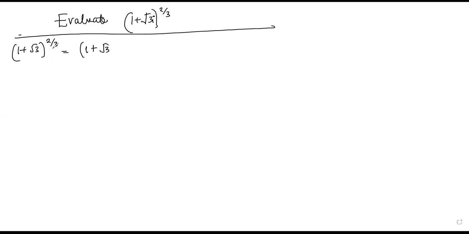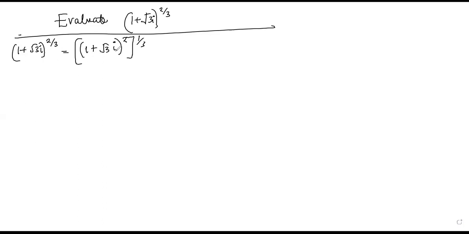Yeah, we have root 3i. So the question is 1 plus root 3i. So I can say squared, then power a third, so that I bring in the element of root. Because when it is 2/3, it becomes somehow tricky for us.